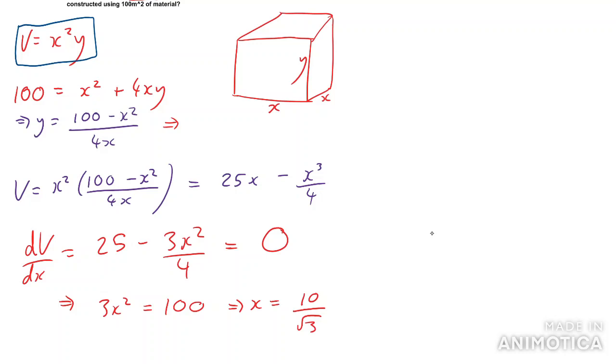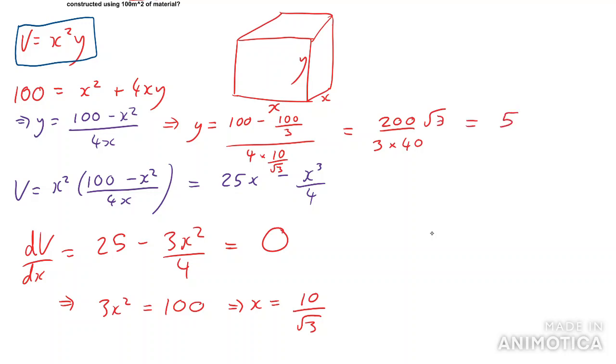equals, in other words, our height is going to be 100 minus x squared, which is 100 over 3, all over 4 times x, which is 10 over root 3. So that's going to be 200 over 3 times 40, and we can put the root 3 on the top. 5 over 3, I believe.